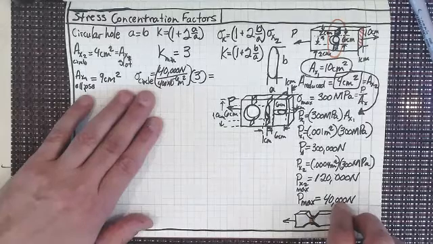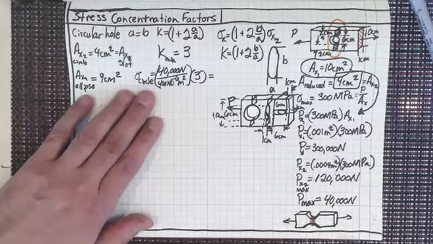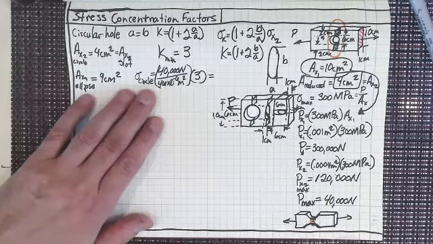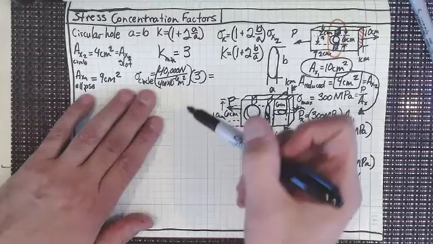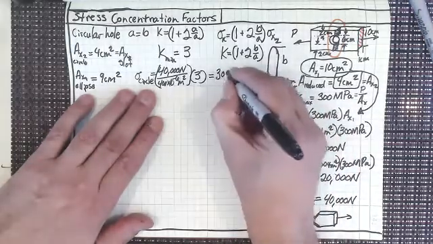Yeah, that'd be 120 divided by... let me just plug that in here and see if I actually have done this right. 120,000 divided by 400 to the minus 6. And that gives me 300 megapascals. That's right. So there you go.